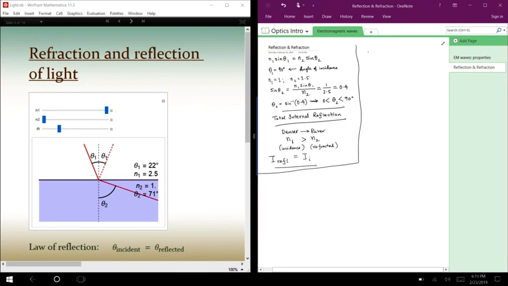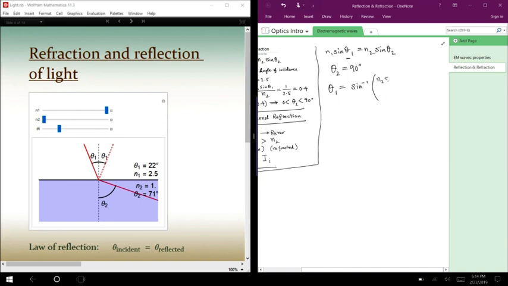And so again, I'm going to apply n1 sine theta 1 equals n2 sine theta 2. And at some point, theta 2, which is the angle of refraction, becomes equal to 90 degrees. So if theta 2 equals 90 degrees, let's find out for what value of theta 1 that happens. Working backwards, we see that theta 1 has to be equal to sine inverse of n2 sine theta 2 over n1.